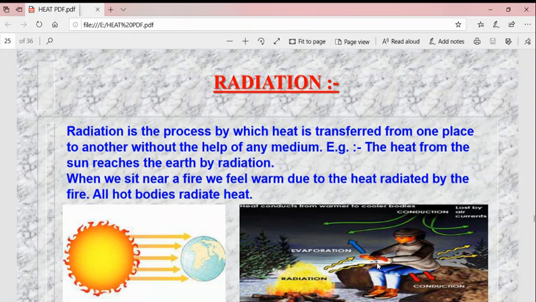And that radiation, when you touch or feel it, you will feel what? Hot or warmth. So in the radiation process there is the emission or release of what? Electromagnetic waves. In this method, heat is traveling through electromagnetic waves.